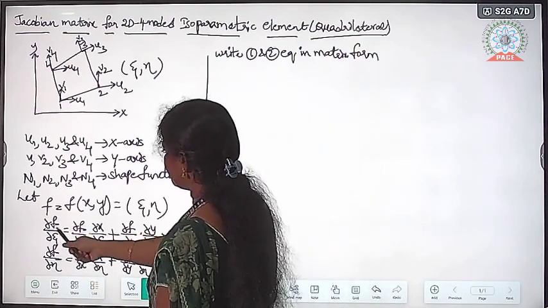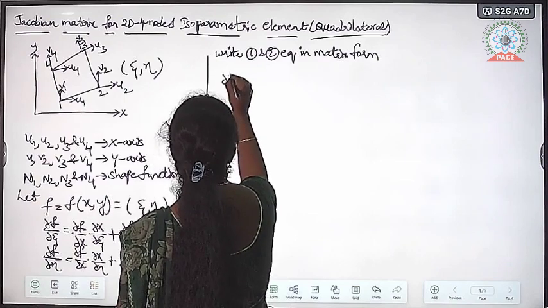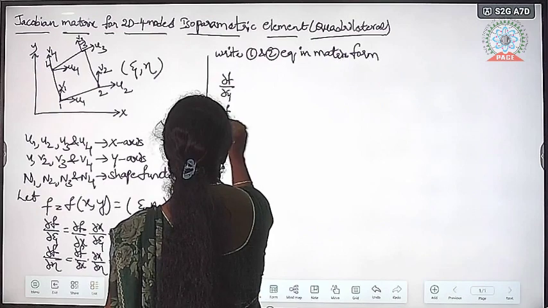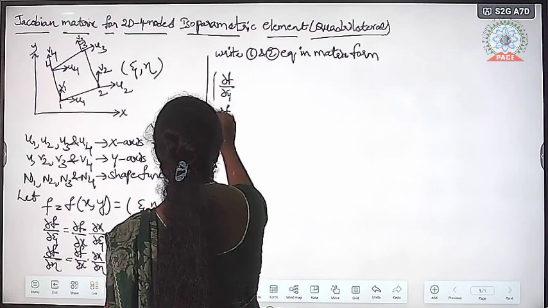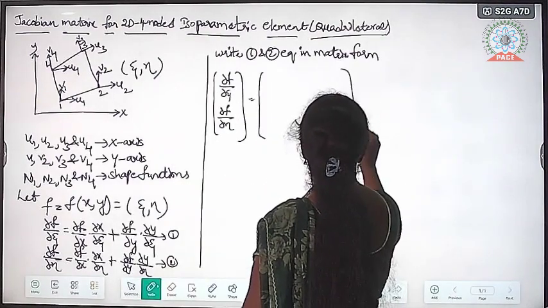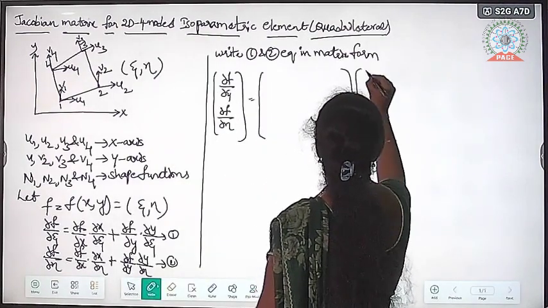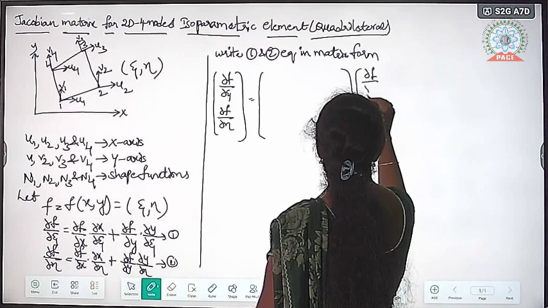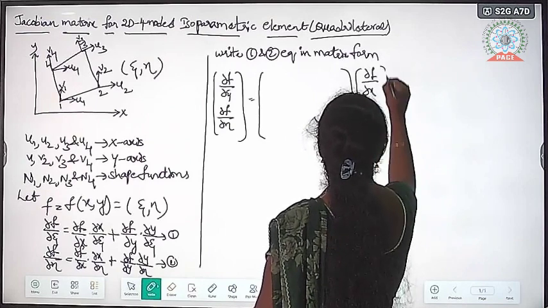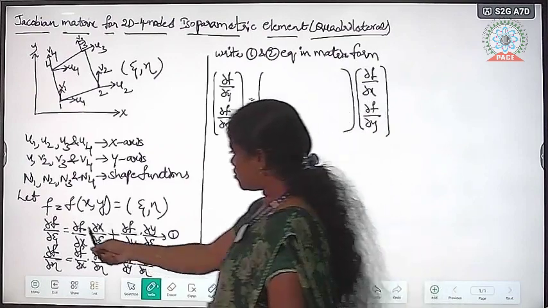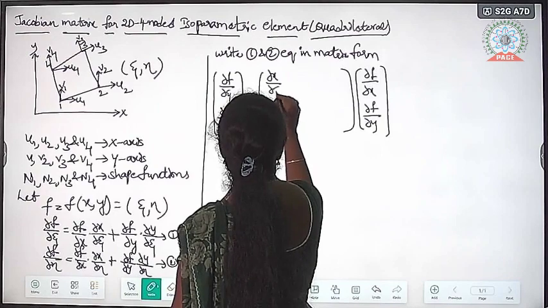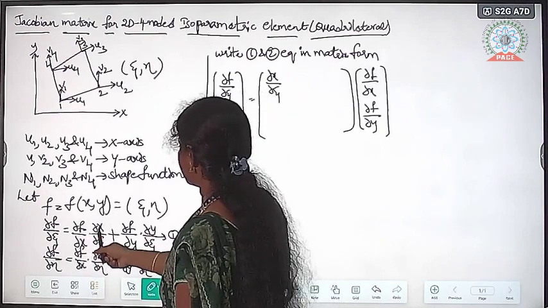First, dou f by dou xi and dou f by dou eta is equal to, in matrix form, dou f by dou x and dou f by dou y. For the dou f by dou x term, we have dou x by dou xi: dou f by dou x into dou x by dou xi.